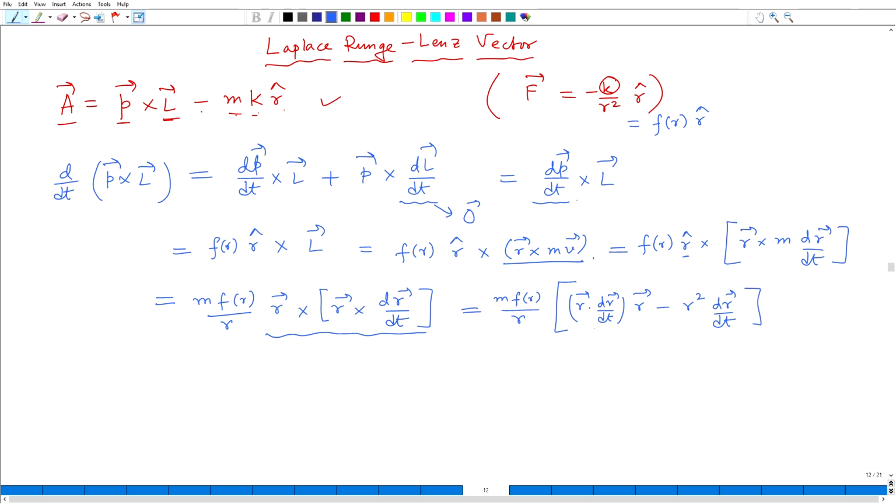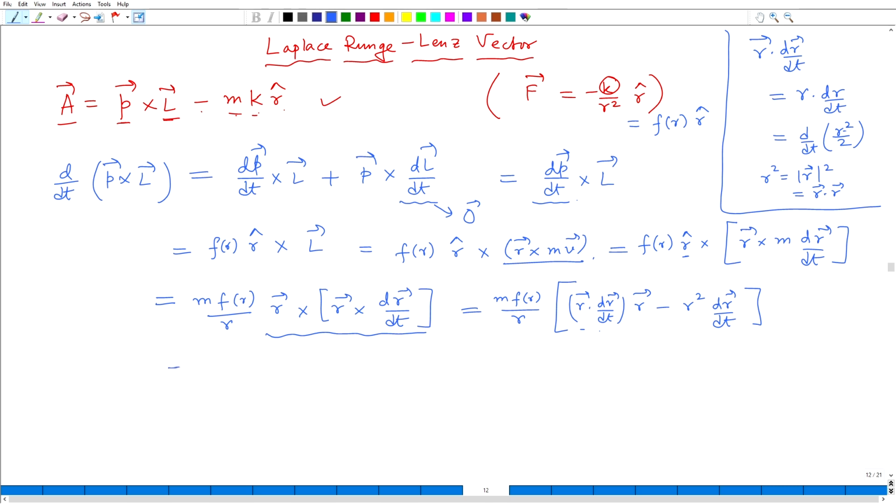Now, the first one, r dot dr/dt, is a very important conclusion. It is equal to d/dt of r squared by 2, because r squared comes in two ways: r squared is equal to mod r whole squared, and it is also r dot r. So, that is exactly what we use here to get all these things.